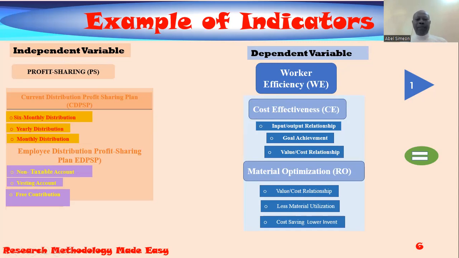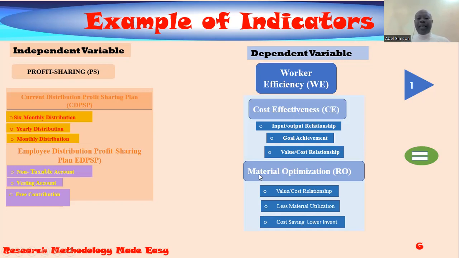Under the cost effectiveness, as an indicator of the dependent variable, I have input-output relationship, goal achievement, value cost relationship. These ones are indicators of the type of worker efficiency, which is a measure this time, under a measure of the dependent variable.